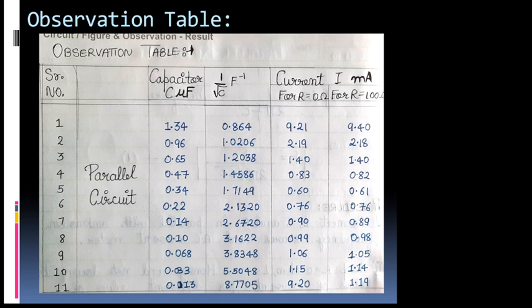So over here, in that board we have around 11 capacitances, and their values are given over here, obviously in microfarad. When I wish to calculate 1 over root C, micro is 10 to the power minus 6, under the root. So it comes out as minus 3, and in the denominator it goes to plus 3.